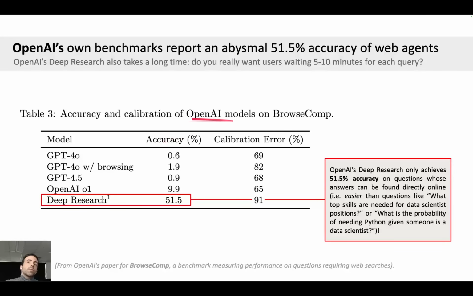According to OpenAI's own reports of their performance on key benchmarks like BrowseComp, they only get a performance of around 51.5% out of 100, right? On tasks where the answers to the questions are available directly on the web. I say all this because being aware of this performance is important when you're designing a system in practice. It's important for what kinds of checks and balances you place on your AI agents, knowing how well you anticipate them to perform in practice.